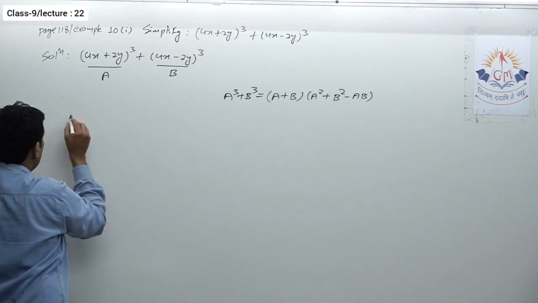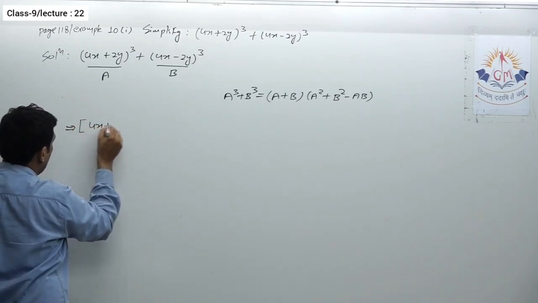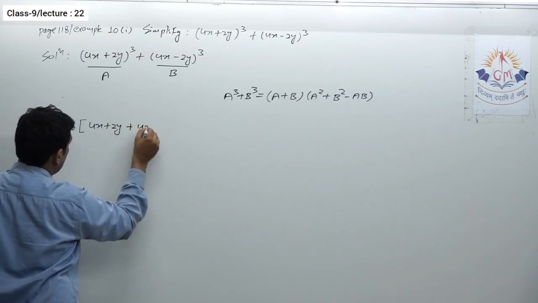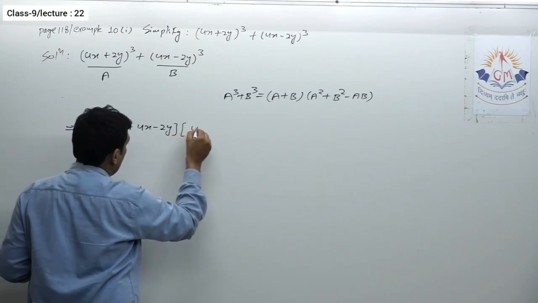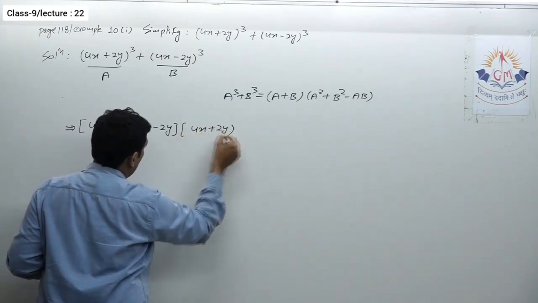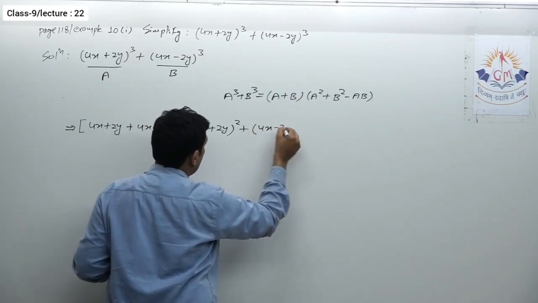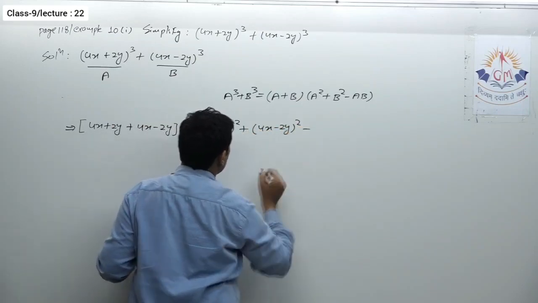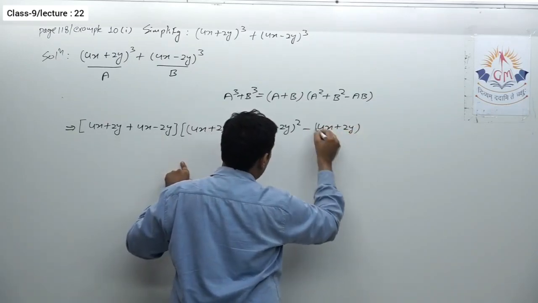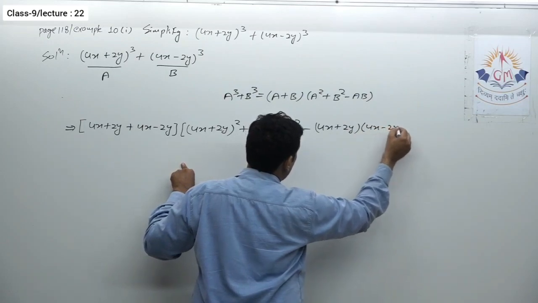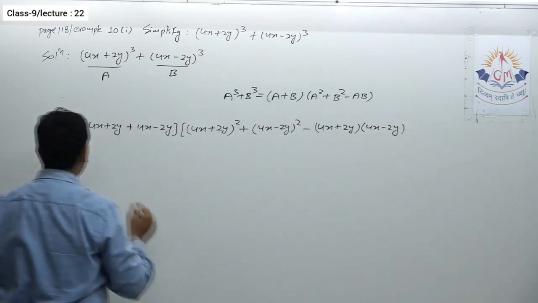So let us see what I will get. First step, a plus b, that is 4x plus 2y plus 4x minus 2y. Now a square, that is 4x plus 2y whole square, plus b square, that is 4x minus 2y whole square, minus ab, that is 4x plus 2y into 4x minus 2y.